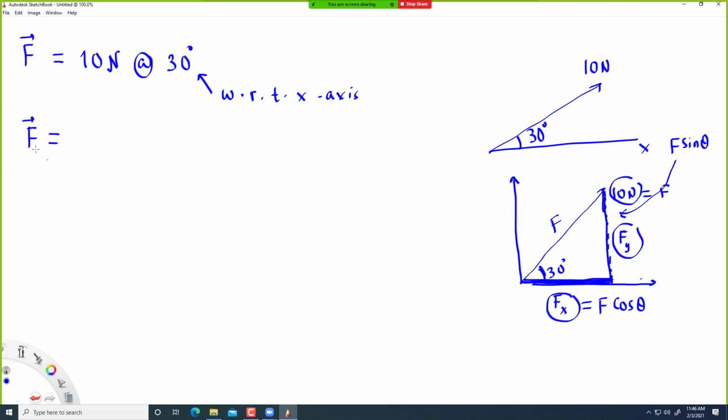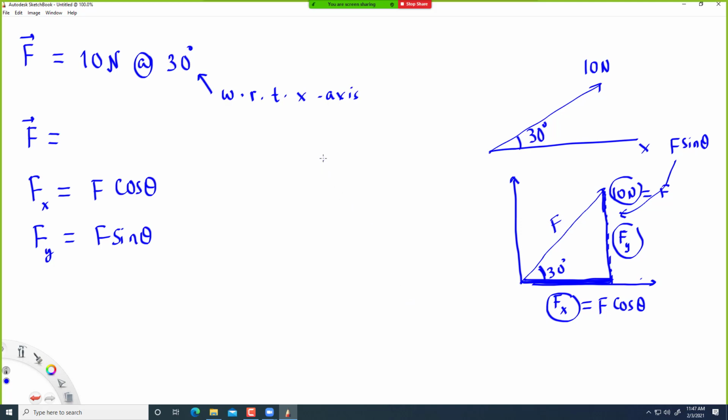So our f sub x, the x component, is f cosine theta, and f sub y is f sine theta. We are just using the right angle triangle, or trigonometry.